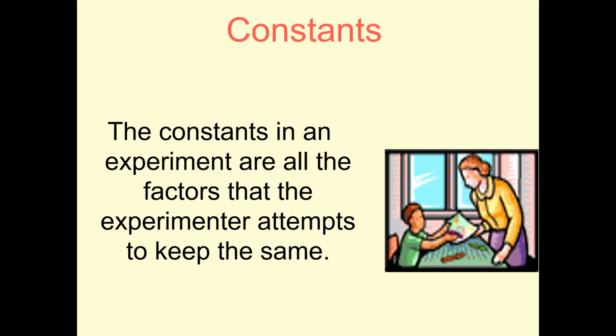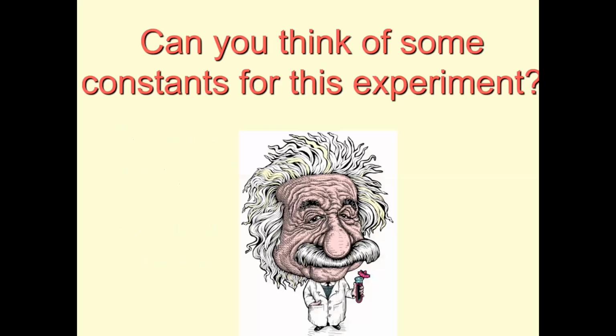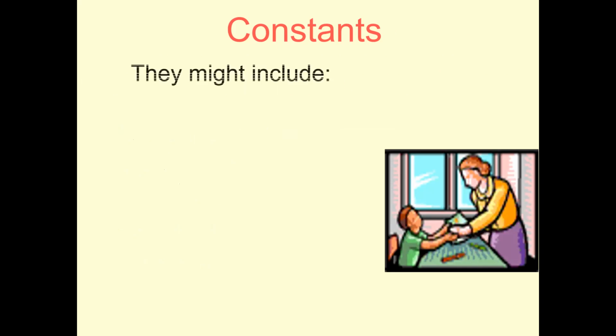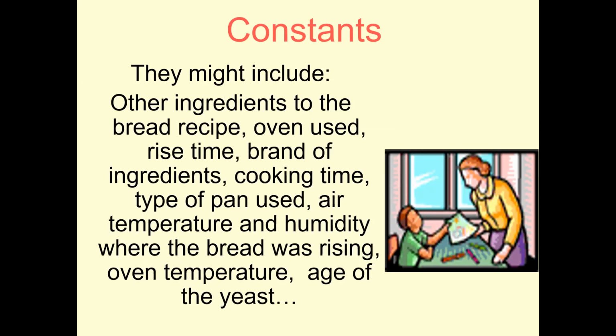Okay, once we thought through it, let's look at the answer. All of those things and more have to be kept the same. That's why you need a list of materials.